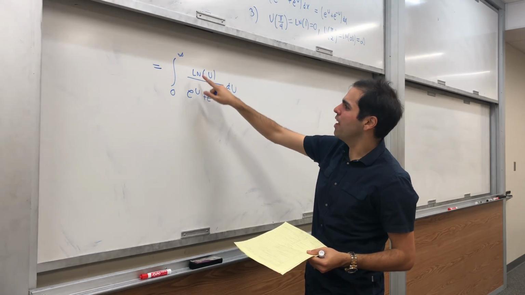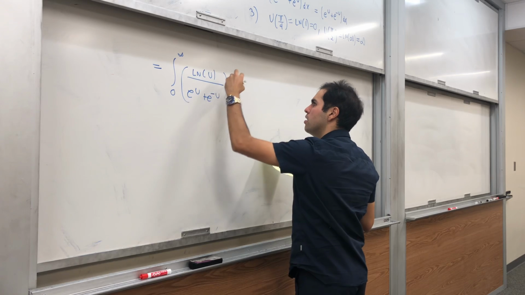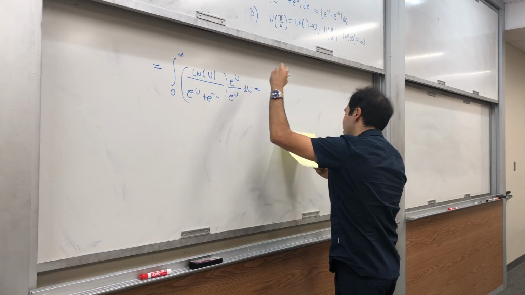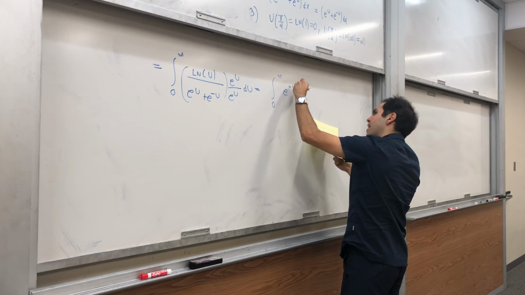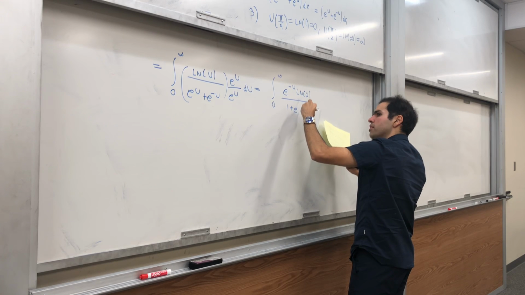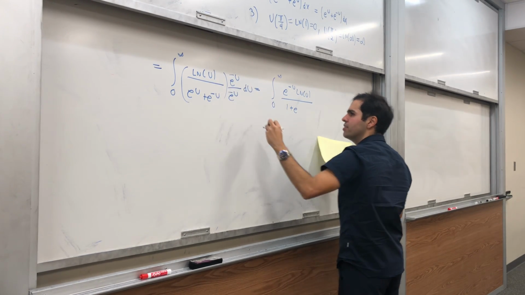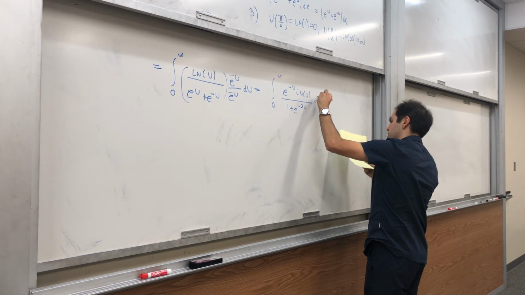So let's multiply both sides by e to the u, and we get the integral from 0 to infinity e to the minus u ln of u over 1 plus e to the minus 2u du.